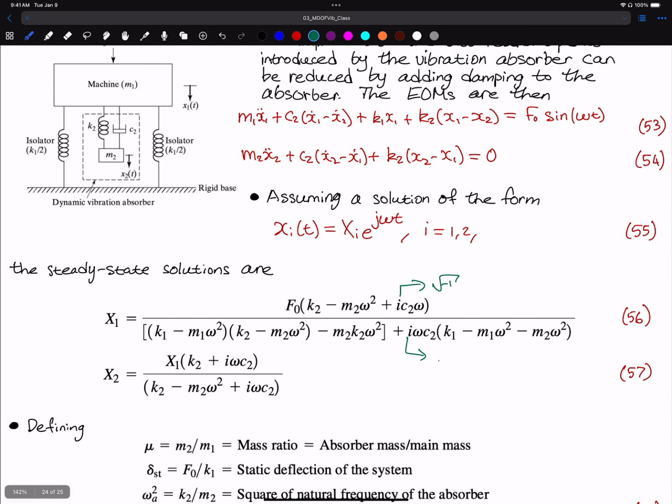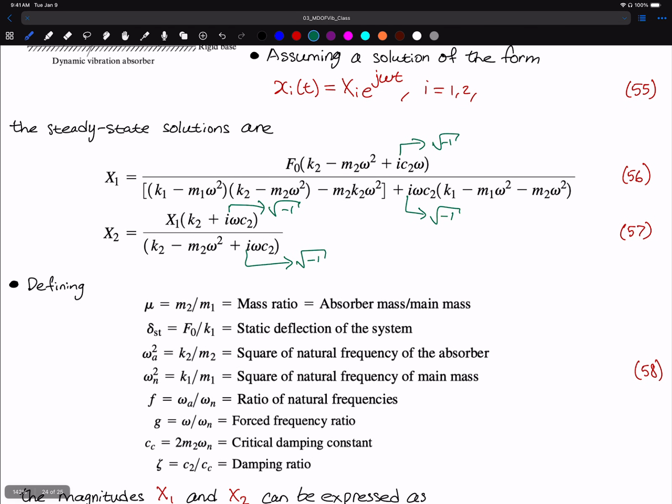Same with this i here, and over here, and here: square root of minus 1. That's my mistake for having i as an index. We often use either j or i for the imaginary number, and this particular book happened to use i, whereas in the rest of our notes we've been using j.